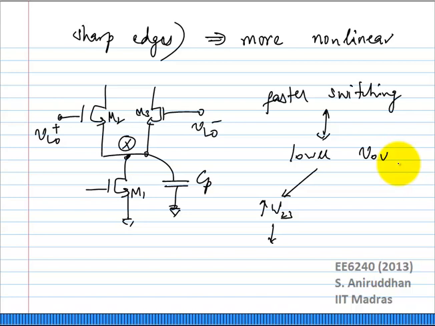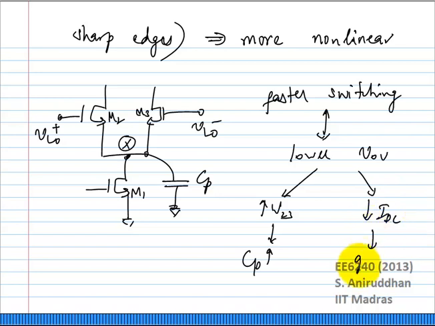You will directly see this as an impact on conversion gain. Obviously, the impact on conversion gain will happen when these rise times and fall times become much larger. But if you want to achieve this lower V overdrive, obviously this parasitic capacitance can increase, which will reduce the conversion gain further. The other option is to decrease the DC current.